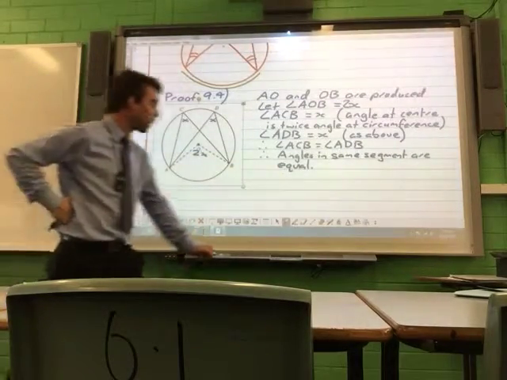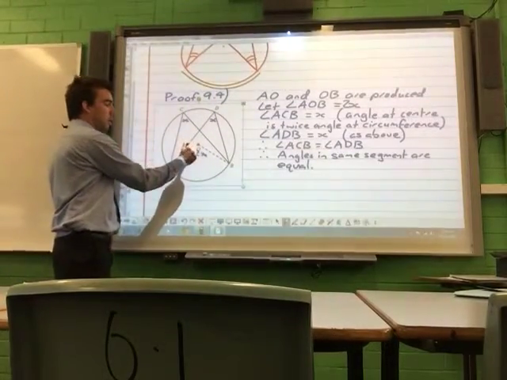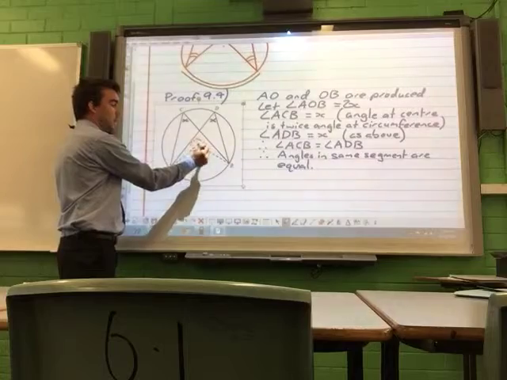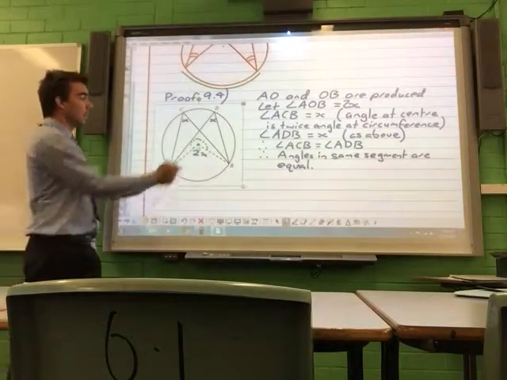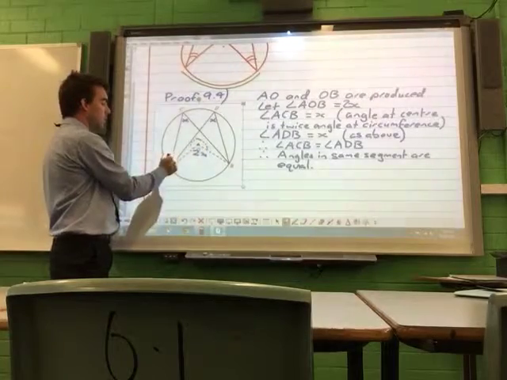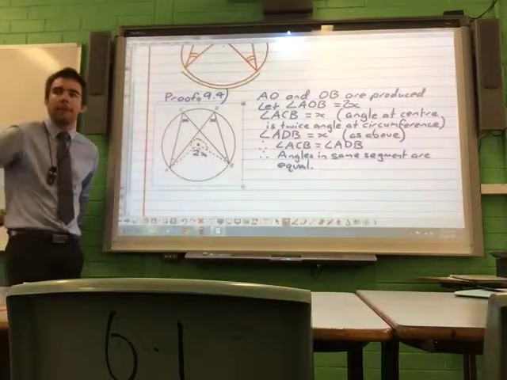Alright, so we're not going to go through the other way, but just to show you. If I do the reflex angle around here, and I'll call that 2y for example, I can then use that property to show that these two angles here and here will be y.